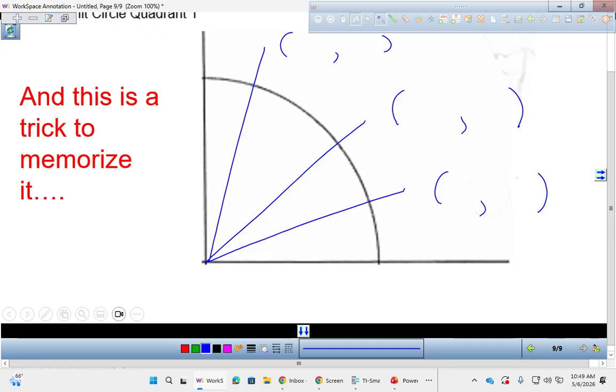Every coordinate point, no matter if it's with 45, 30, or 60, all of them get a denominator of 2. Every fraction has a denominator of 2. So the first thing I do is I go through and I give everything a denominator of 2. Every one of those has a denominator of 2, okay?